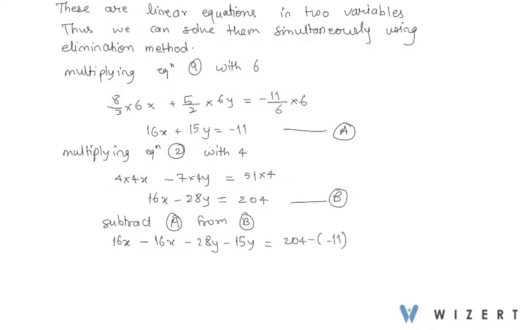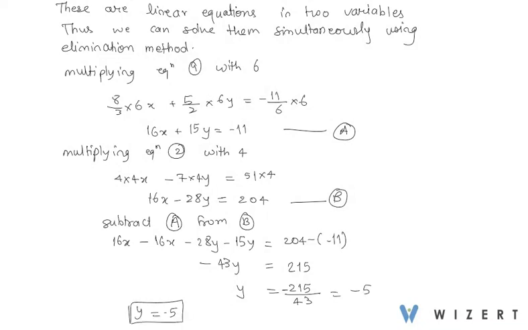So what we get is 16x minus 16x is 0, minus 28y minus 15y is minus 43y, which is equal to 204 minus of minus 11 is 204 plus 11, which is 215. If we observe carefully, we get y equal to 215 by minus 43, which is equal to minus 5. So we get value of y equal to minus 5.